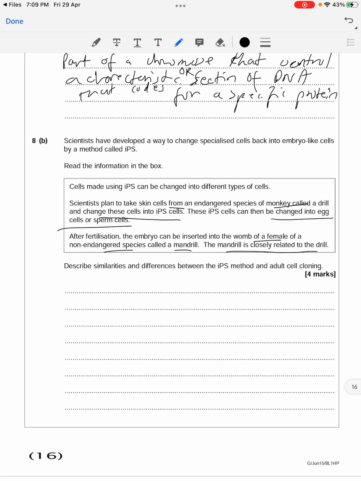So this is basically done for the adult cell cloning chapter. Describe similarities and differences between the iPS method and adult cell cloning. So you can say that both iPS and adult cell cloning use body cells, skin and body cells.